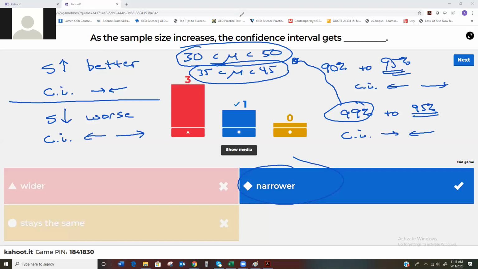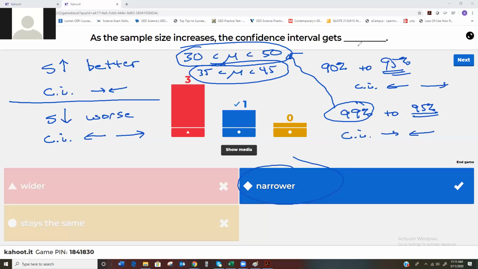So that could be one of the multiple choice true false questions for chapter 7. It would be something about standard deviation getting better, or sample size getting bigger or smaller, or the confidence level getting bigger or smaller. How does that affect the confidence interval? So that would be a very valid true false multiple choice question.